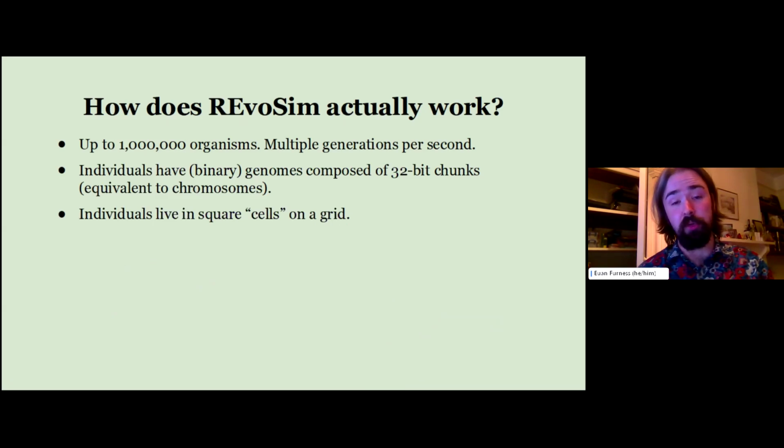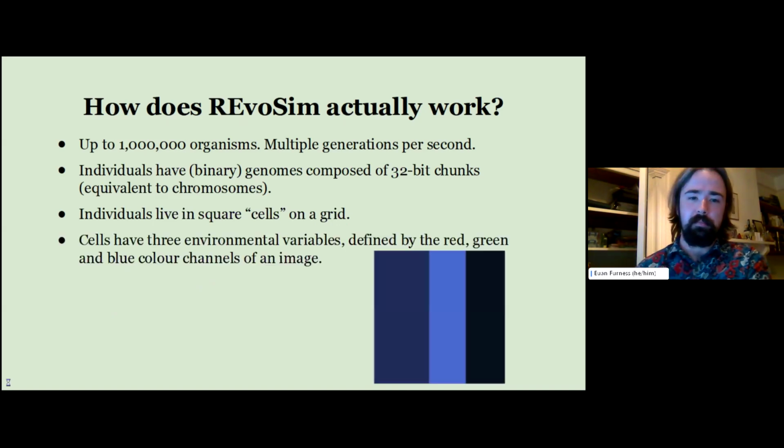Every individual in the genome lives within a cell in a square grid, so this is a spatially explicit system. Every one of these cells has 3 environmental variables, which we can define using the red, green, and blue color channels of an image. You can think of these variables as equivalent to altitude or temperature or rainfall, but really they're just abstract variables. They don't have any imposed meaning. Suffice to say that 2 cells that have very similar environment colors, functionally speaking, have very similar environments.